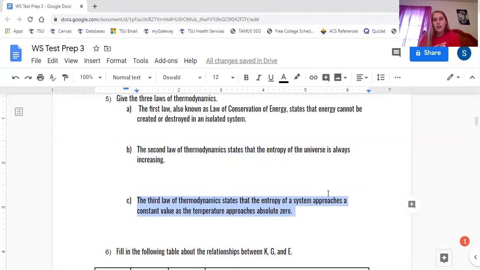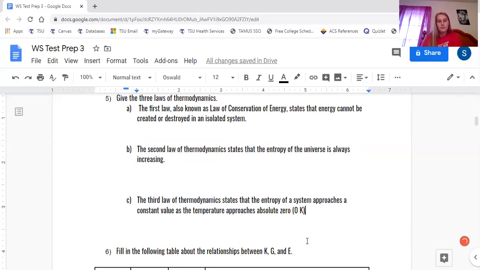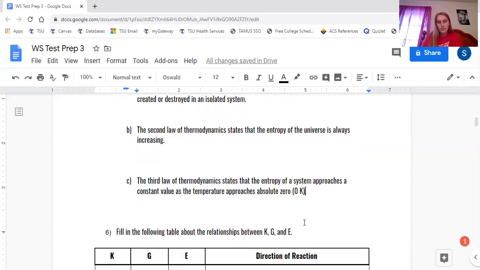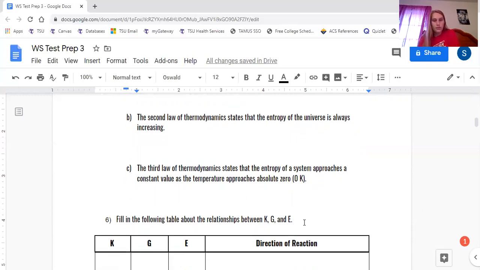And then absolute zero is 0 Kelvin. If you didn't remember that, 0 Kelvin. Okay, I'll give you guys a second to write that.